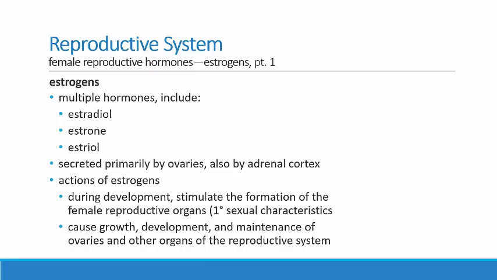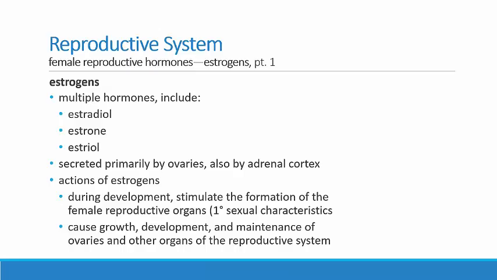There are multiple hormones that we think of as estrogen. They include estradiol, which is probably one of the more powerful of the estrogens that we produce. Estrone, estriol. These are all very similar in chemical structure to each other, and so we lump them all together as the estrogens. And they are secreted primarily by the ovaries, but the adrenal cortex will also produce a small amount of estrogen.